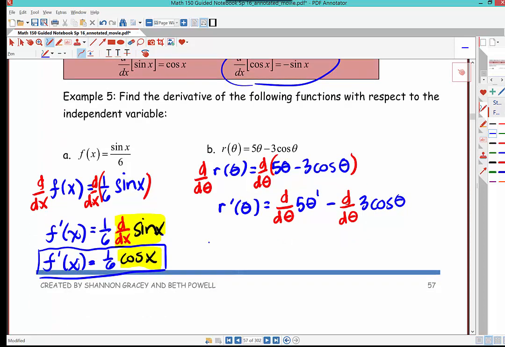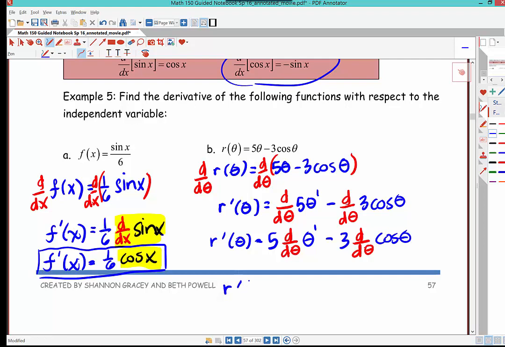Now, r prime at theta will be equal to, so remember that constant rule, the scalar multiple rule, so we can write this as 5 times d d theta of theta to the 1 power minus 3 times d d theta of cosine theta.